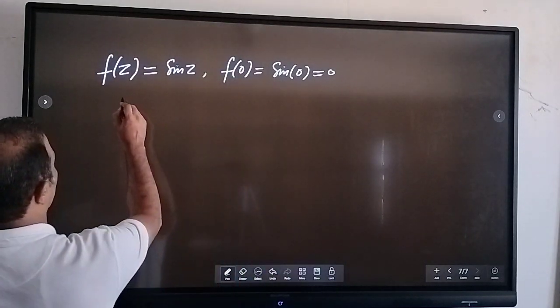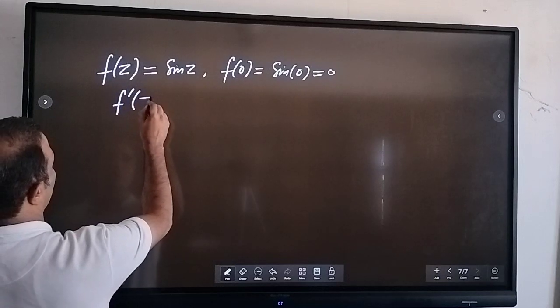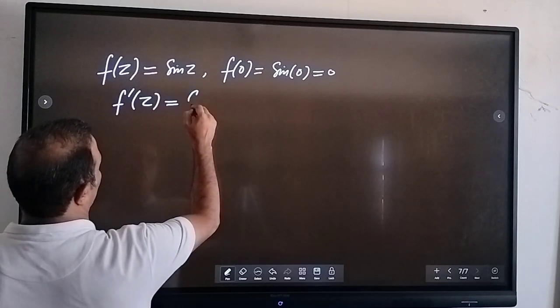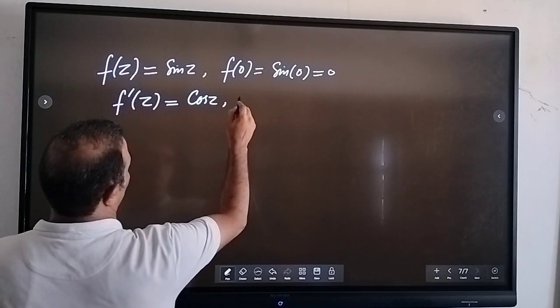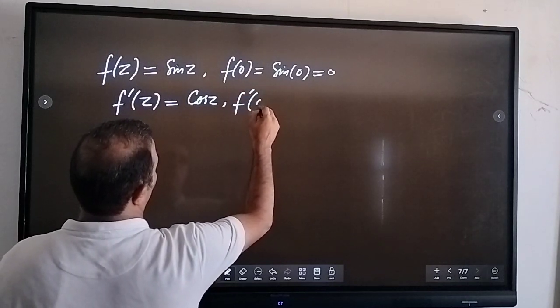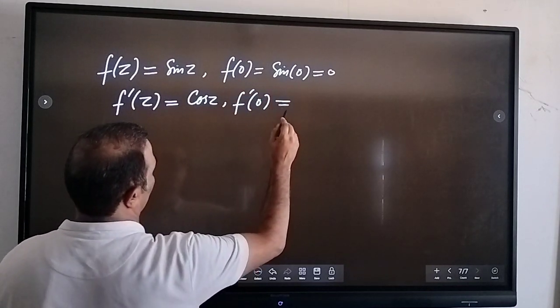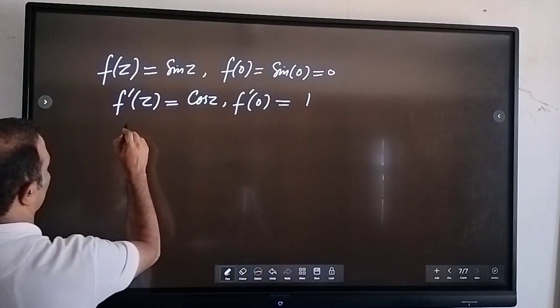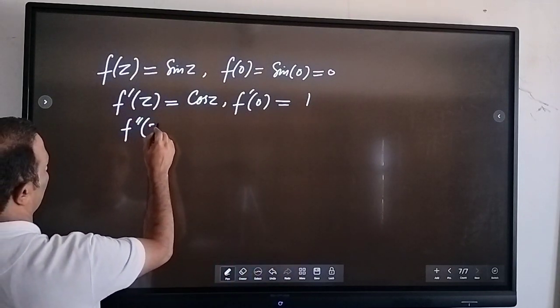And similarly, f dash of z, that's cos of z. So f dash of 0, that's what. F double dash of z.